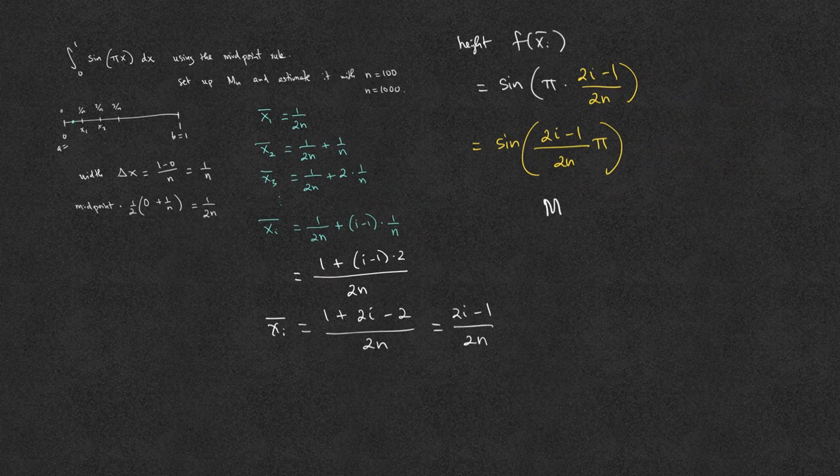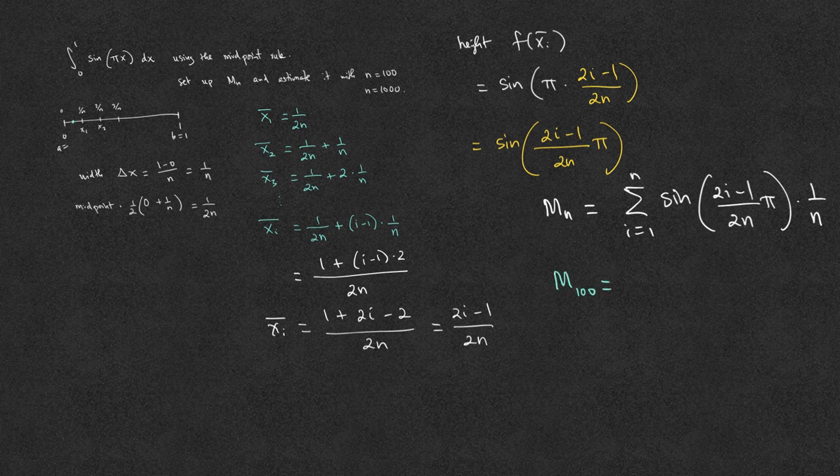But this is only the height. The midpoint sum M sub n is the sum as i goes from 1 to n of the height, which is sine of ((2i minus 1) over 2n) times pi, times the width, but the width is 1 over n. We now have an expression for M sub n. If we want to approximate M sub 100, we simply replace n with 100.